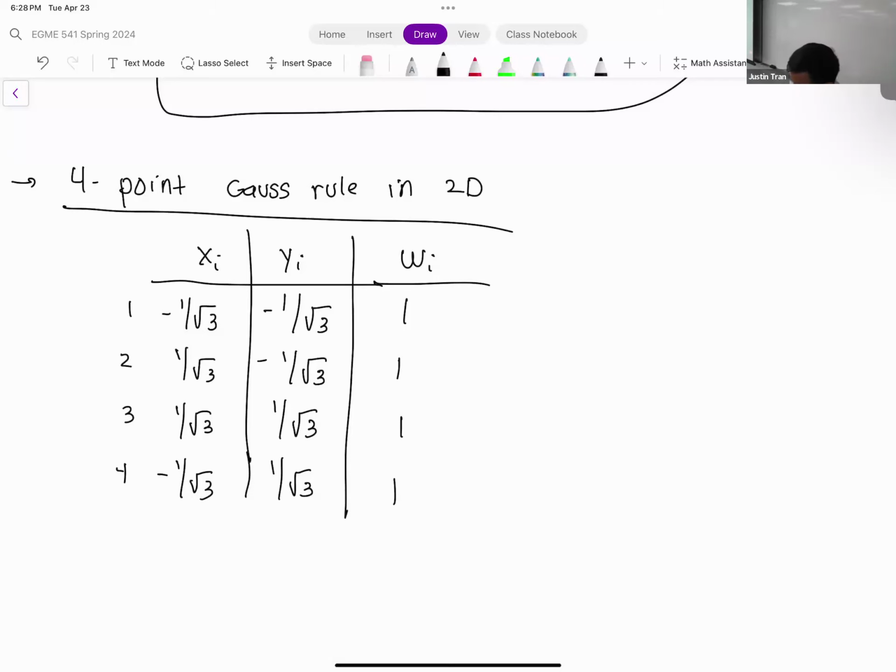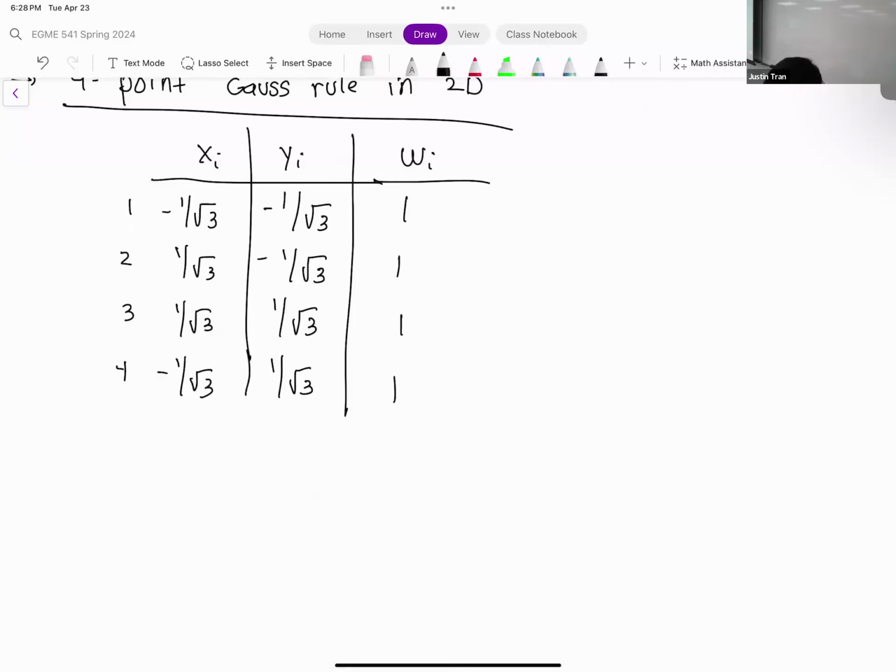And so our double integral from -1 to 1, integral from -1 to 1 of f of x comma y dx dy is equal to, we're going to evaluate that integrand at each of these Gauss points and simply add them all up together.